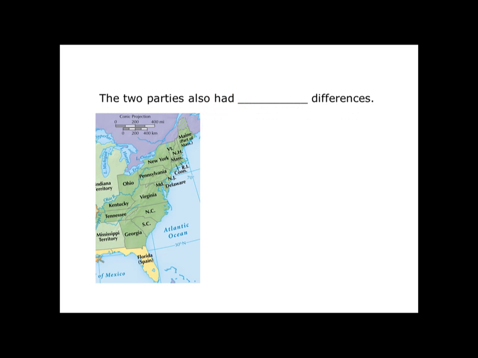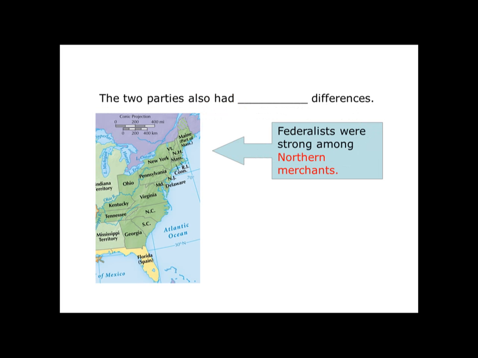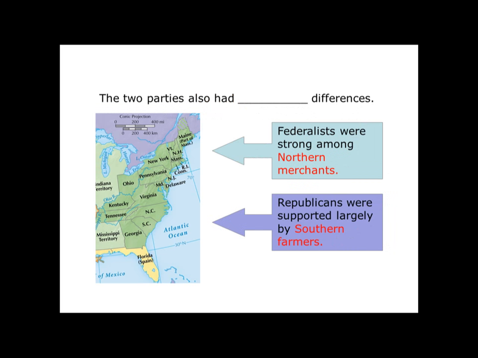The two parties also had geographic differences. Federalists were strong among northern merchants. Republicans were supported by southern farmers. So you had a definite manufacturing versus an agricultural vision with these two particular parties.